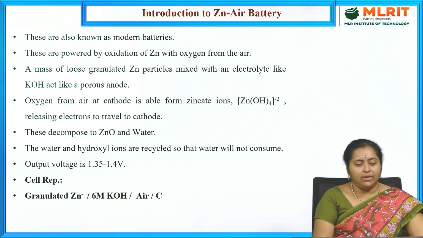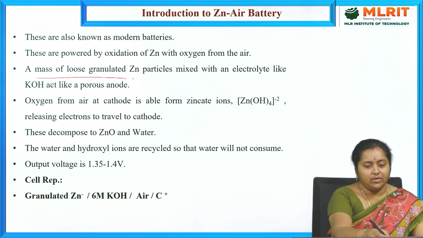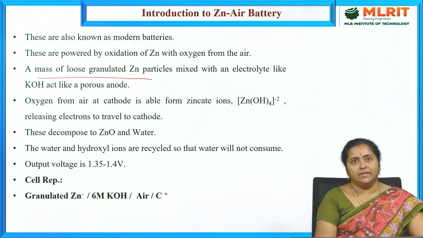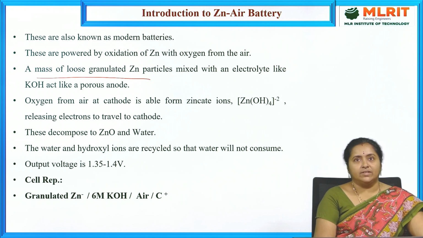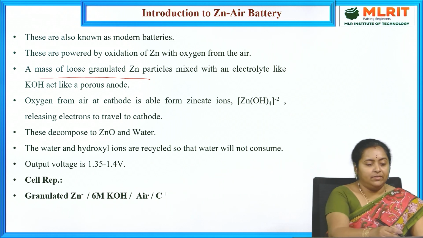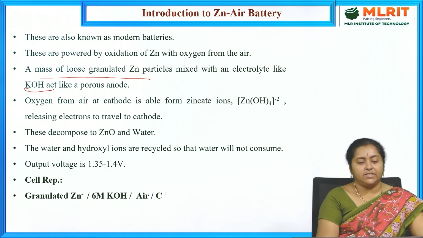Coming to the anode, we are making use of granulated zinc particles, that means zinc granules, which are made in the form of a paste or slurry with the help of electrolyte. In this zinc-air battery, we make use of KOH, potassium hydroxide, as electrolyte.